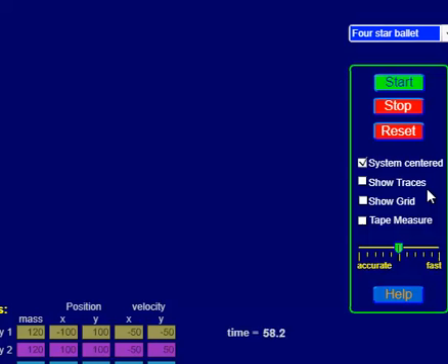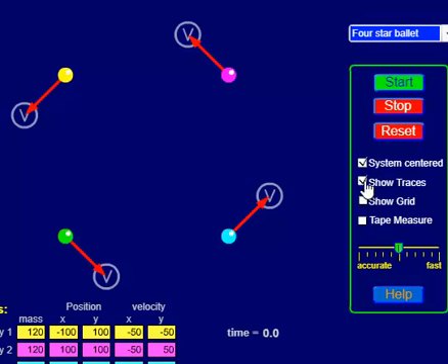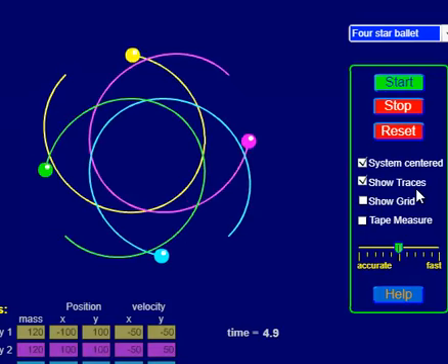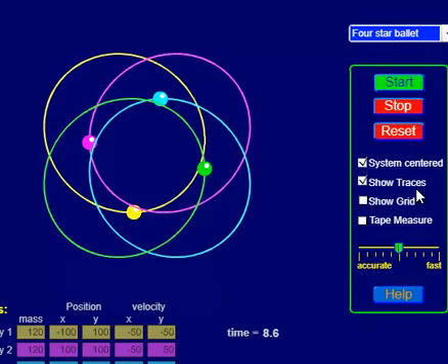And notice the pink one doesn't come back. And the other two, they're actually off the screen. I saw them going off on the left. Reset. This time do it with traces. So with a different time step in these computations, we get a totally different outcome.